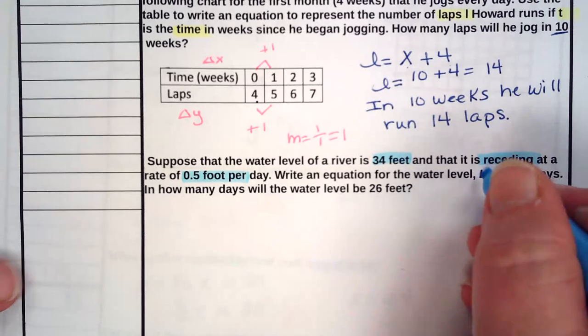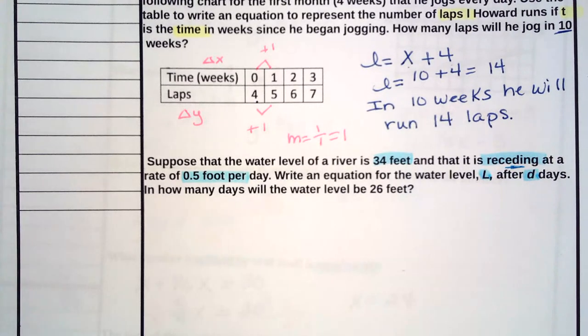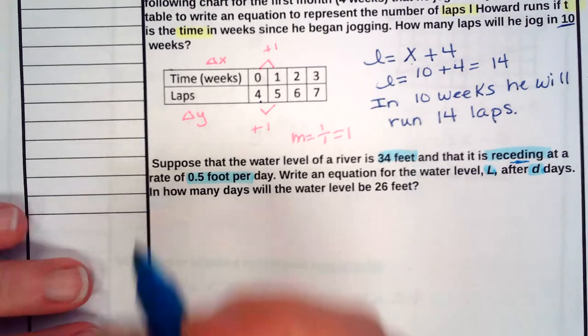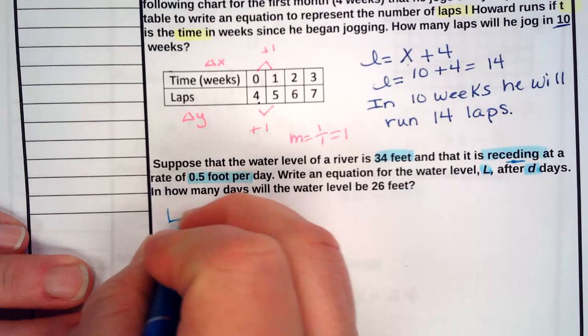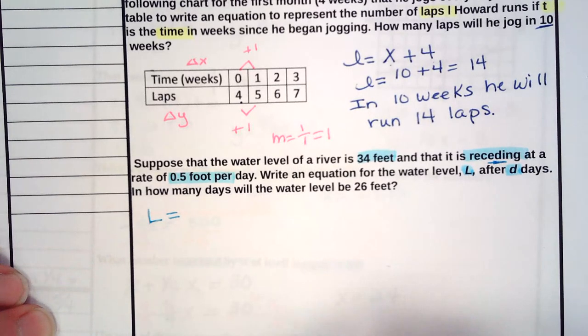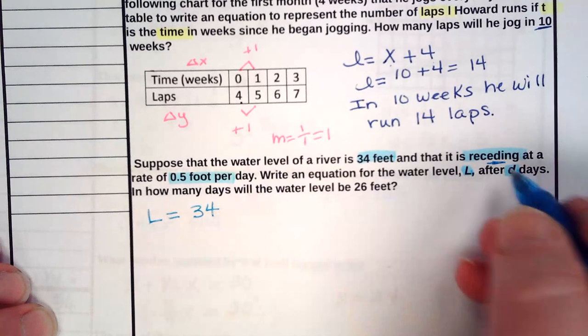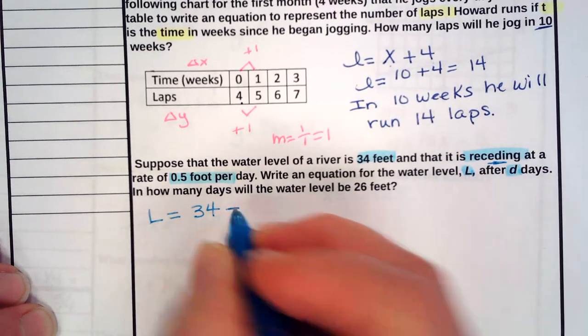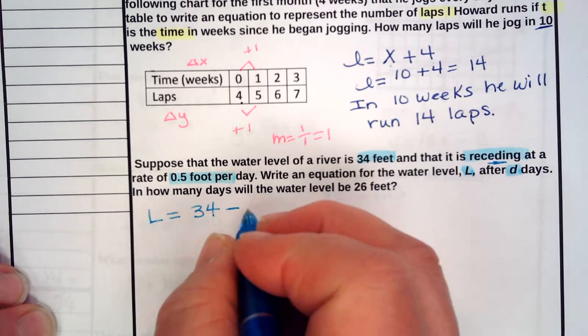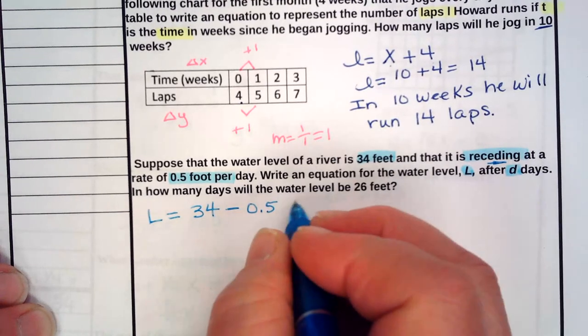We know that L is the water level and D is the number of days. So my water level is equal to, what's the level at day 1? 34 feet. I have to subtract because it is receding at 0.5 feet per day.